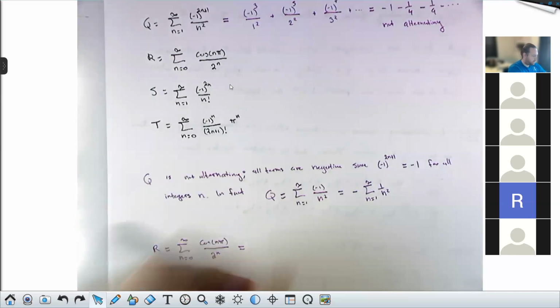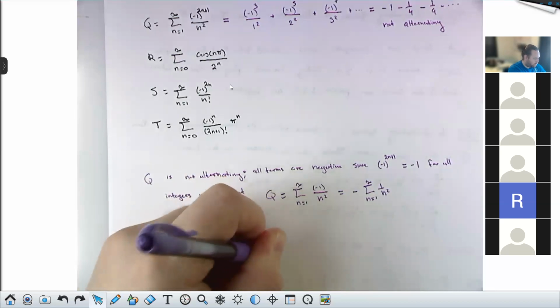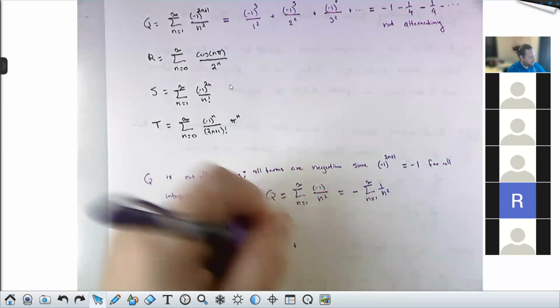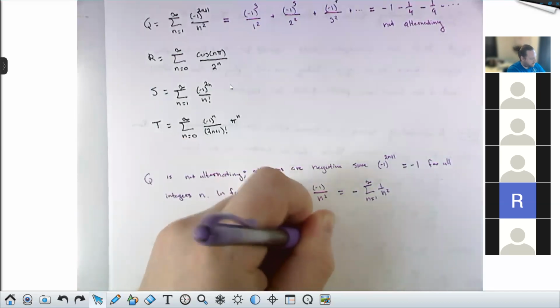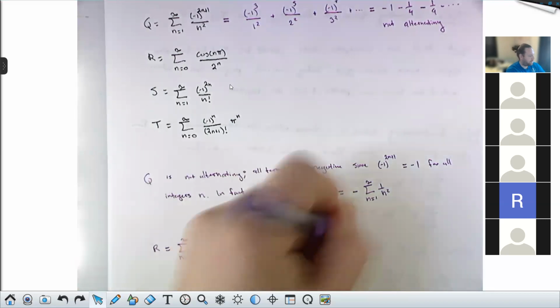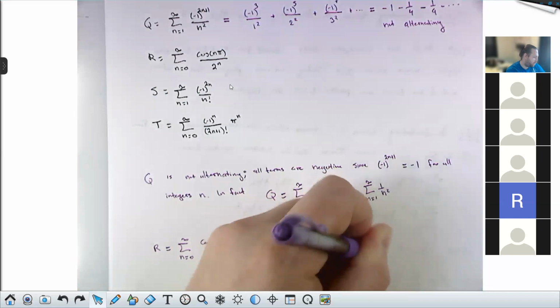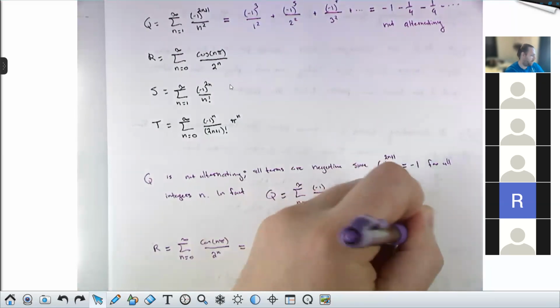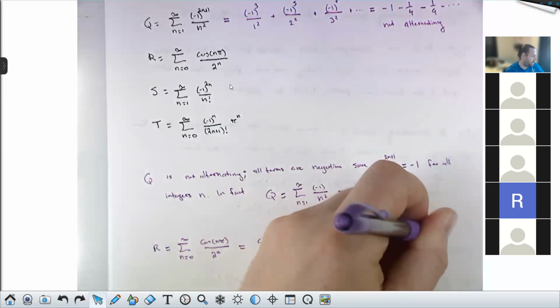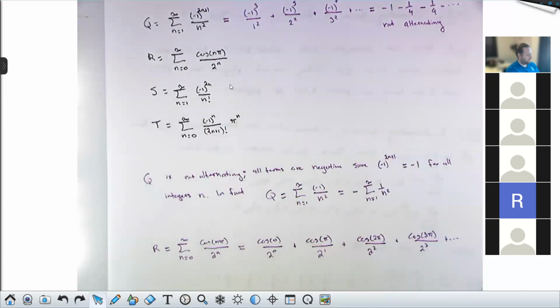So when n is 0, you get cosine of 0 over 2 to the 0 plus. When n is 1, you get cosine of pi over 2 to the 1 plus. When n is 2, you get cosine of 2 pi over 2 squared plus. When n is 3, you get cosine of 3 pi over 2 to the 3, and so on.